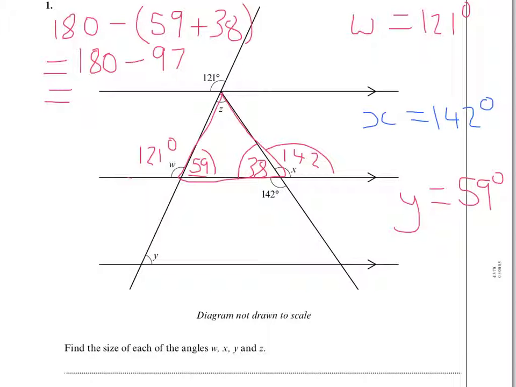So 180 take away 97 degrees leaves me with an angle of 83 degrees. So my Z, my final angle, is 83 degrees. So that leaves us with X, which is 142 degrees, Y, which is 59 degrees, W, which was 121 degrees, and Z, which was 83 degrees.